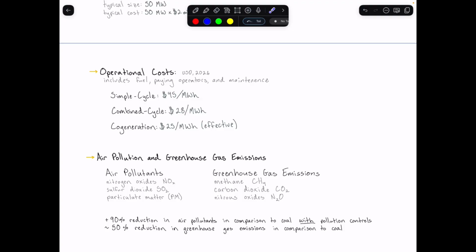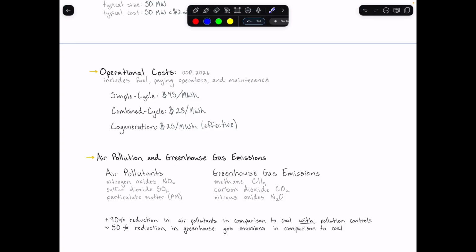But one of the things to note here is that using natural gas over coal results in about a 90% reduction in air pollutants in comparison to coal-fired power plants, even if they have some sort of pollution control that takes out some of the air pollutants that are generated from coal combustion. And then when using natural gas, there is approximately a 50% reduction in greenhouse gas emissions in comparison to coal.